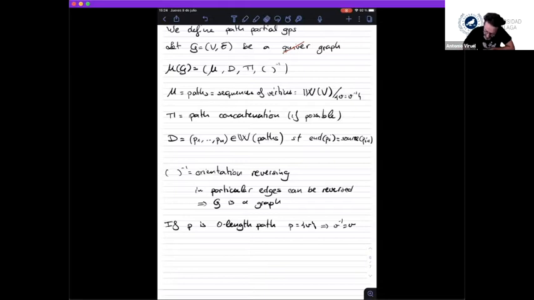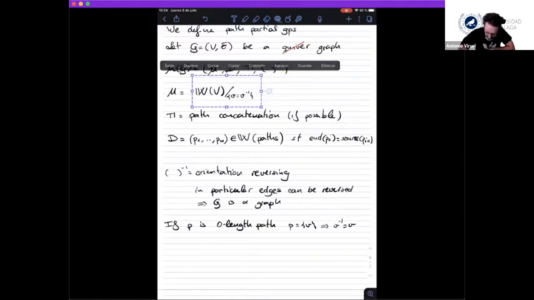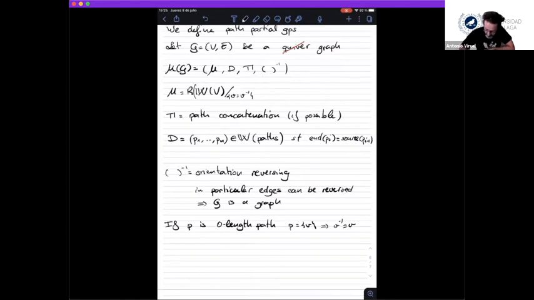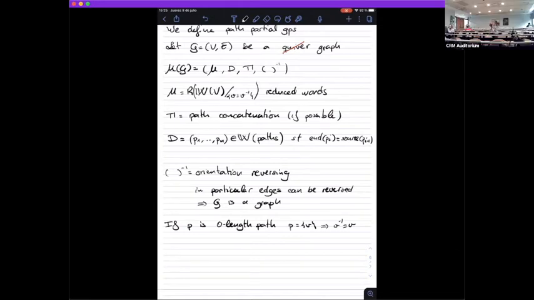So reduced words in the free monoid of free words plus the relation that every vertex is its own inverse.